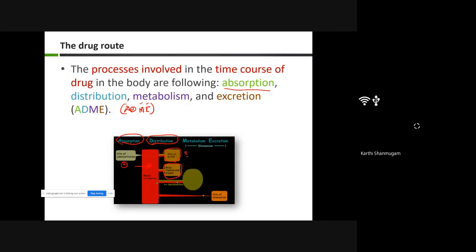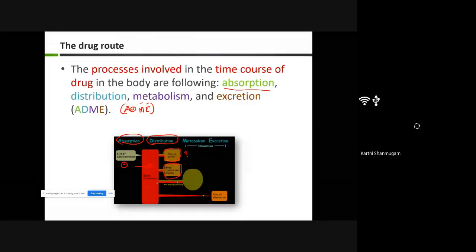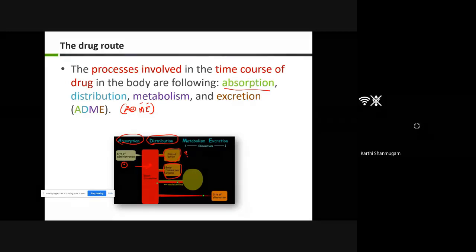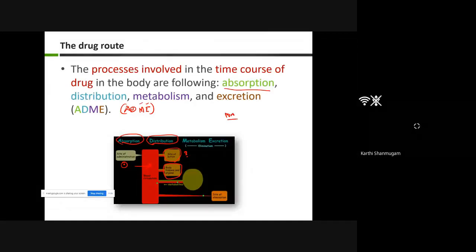Once the molecule is distributed, slowly the metabolism process comes into the picture. Any foreign molecule which we take inside the body should come out of the body through some means. So metabolism takes place. The reason for metabolism is that initially the drug molecule will have many non-polar functional groups.